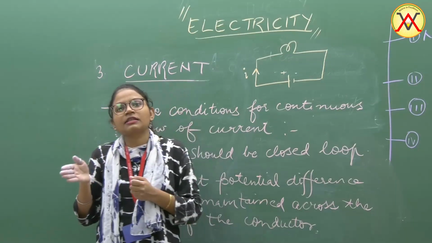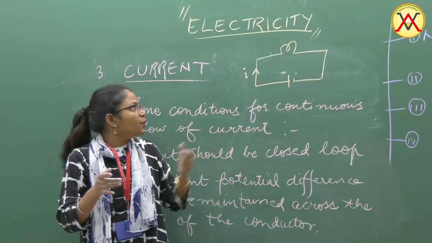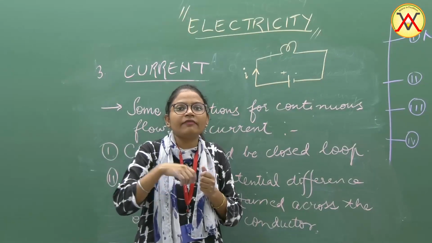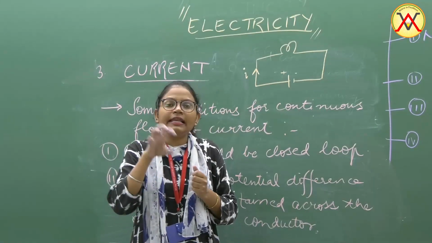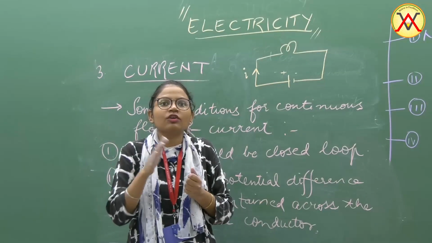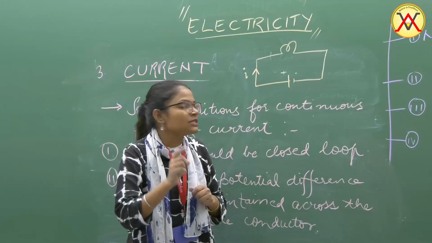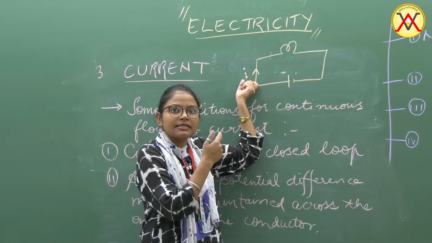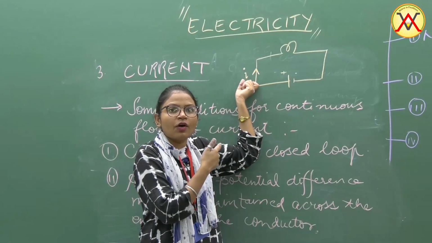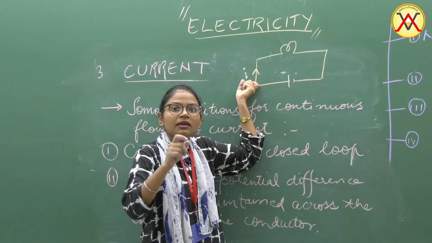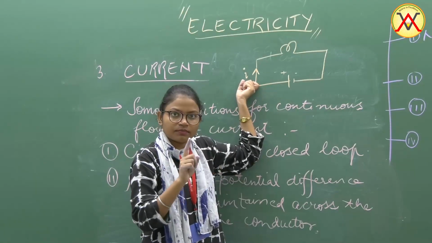But after the discovery of electrons, we realized that protons could never leave the nucleus. Only electrons could leave the atom and could flow on the upper surface of our conductors. That's why now current is taken to be in the direction of flow of electrons but in opposite direction.